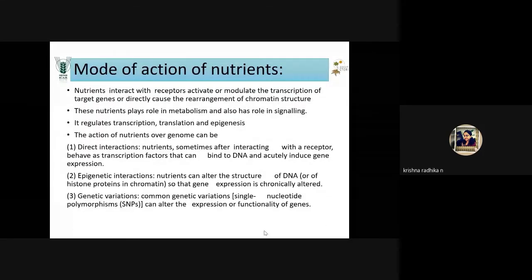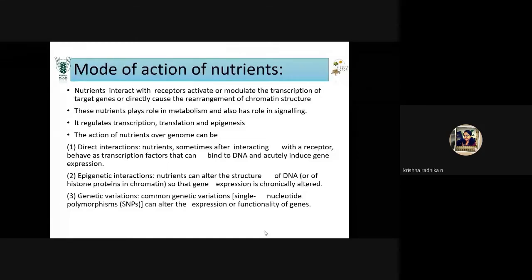So the mode of action of nutrients can be summarized like this. Nutrients interact with receptors, activate or modulate transcription of target genes, or directly cause the rearrangement of chromatin structure. These nutrients play a role in metabolism and also have a role in signaling.